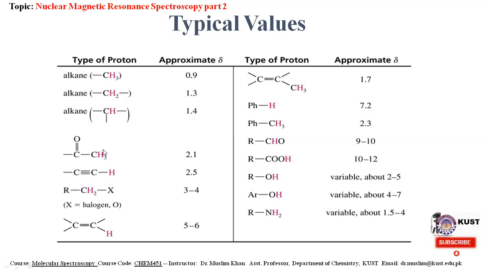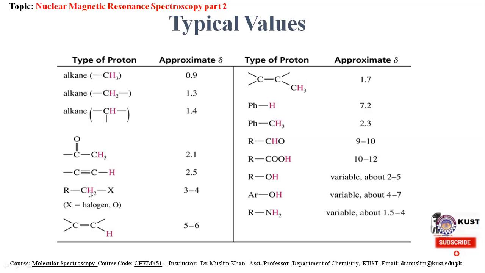Hydrogen attached to a carbon that is itself attached to a ketonic group is shifted to 2.1 ppm, while hydrogen attached to an acetylenic carbon is at 2.5.